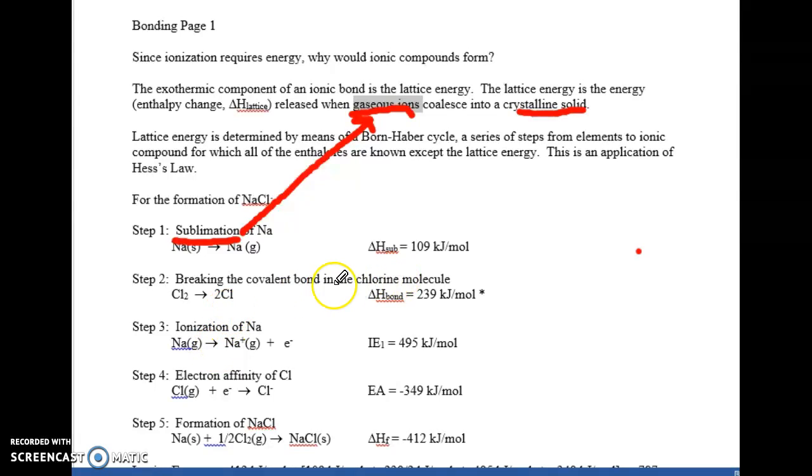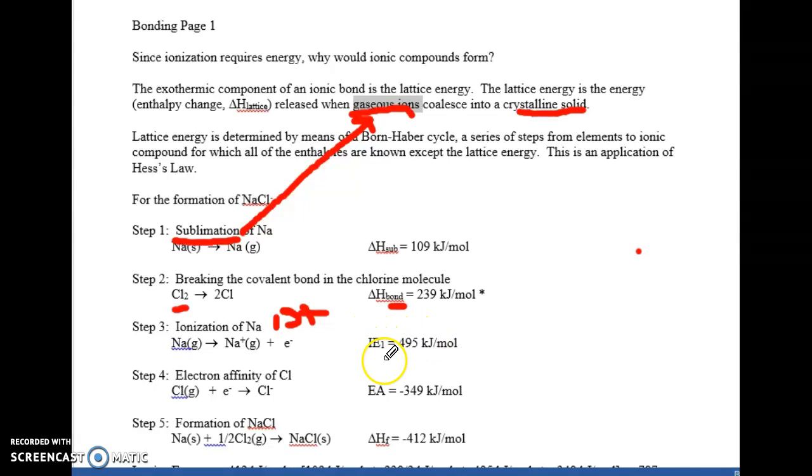Breaking the covalent bond in the chlorine molecule, so chlorine is generally diatomic, so we have to split that. So you'll see that this is a bond. Okay, and we'll get to this little asterisk in a minute. Ionization of sodium is removing that electron. Again, you'll sometimes see this as first ionization energy, so we could probably add that here as first.